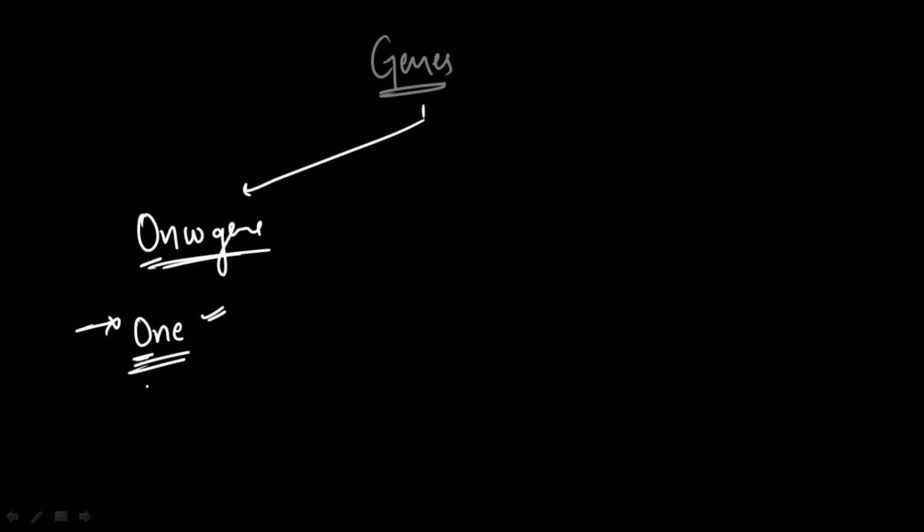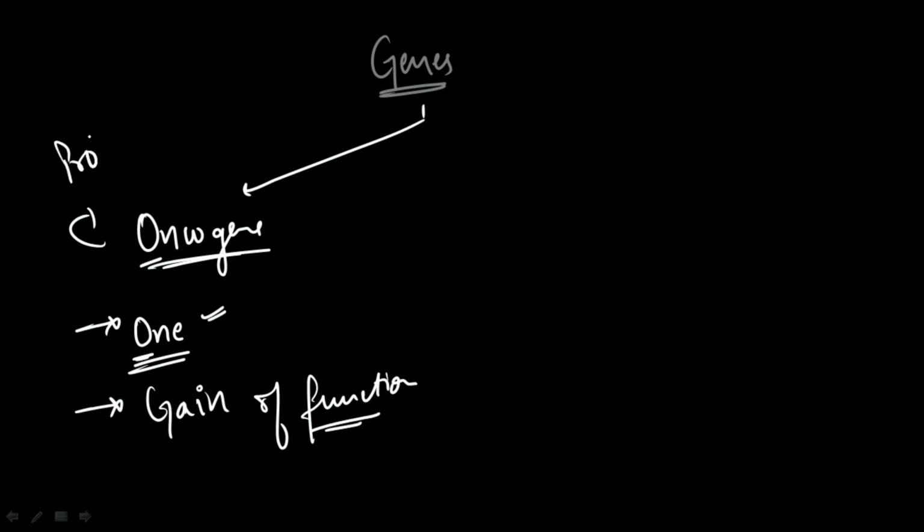So remember it this way, that there is one mutation required, and also there is the gain of function in case of the oncogenes. Initially the oncogenes are present in inactive form. The name for the same is proto-oncogenes because of the gain of function mutation in any one of the alleles. Reason being, they are dominant in nature. There occurs the conversion of the proto-oncogenes into the oncogenes.